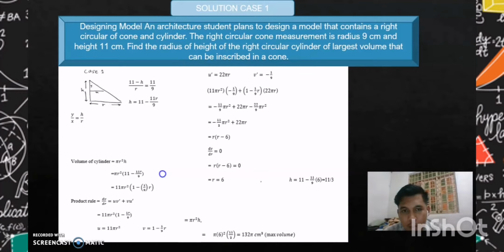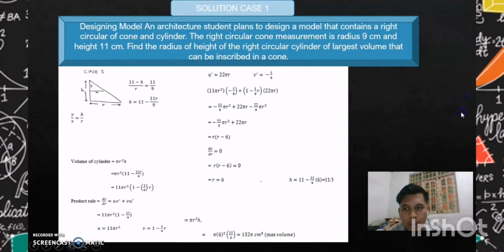So the radius is 6 and the height is 11 over 3. When we got the radius and height, we can find the maximum volume. So we use the formula pi r squared h. We insert the radius and height. The maximum volume is 132 pi cm cubed. So we got the maximum volume.